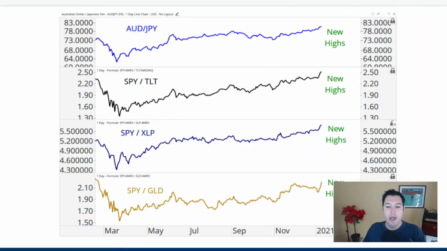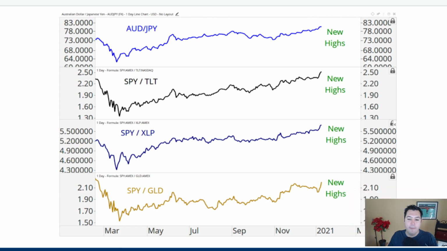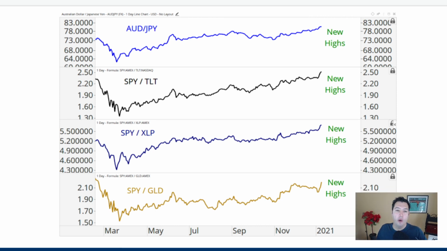If you're a gloom and doomer and you think that the stock market should be going lower, and you can't justify buying stocks, remember that it doesn't matter what you think. It matters what the bond market thinks. It matters what investors in precious metals think, or lack thereof in this case.